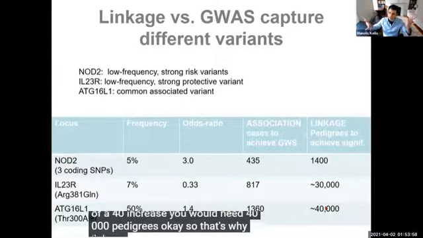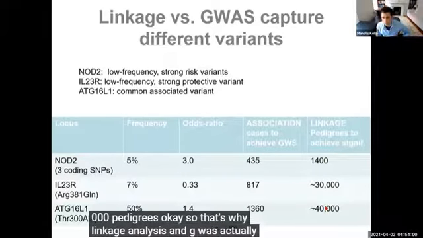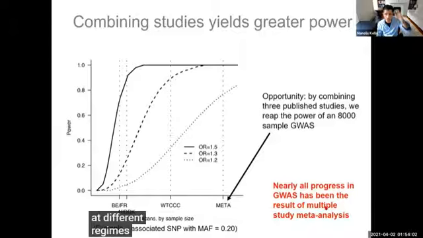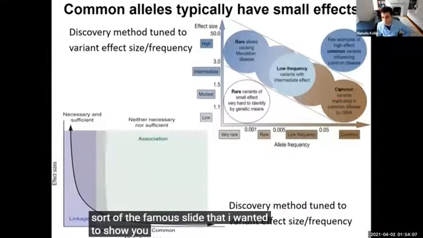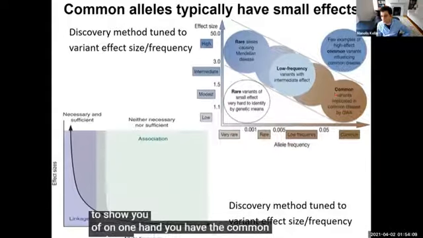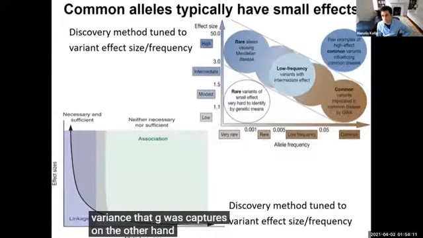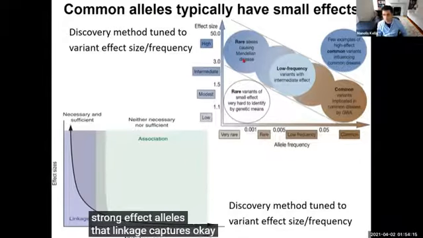So that's why linkage analysis and GWAS actually act at different regimes of common versus rare. And that's sort of the famous slide that I wanted to show you: on one hand, you have the common variants that GWAS captures. On the other hand, you have the rare, strong effect alleles that linkage captures, okay?